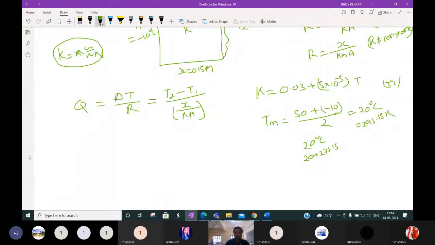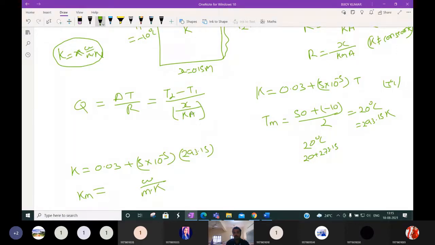Now put this K value here: K will be 0.03 plus 5 into 10 to the power minus 5 into 293.15. Whatever value comes is the mean thermal conductivity in watt per meter Kelvin.